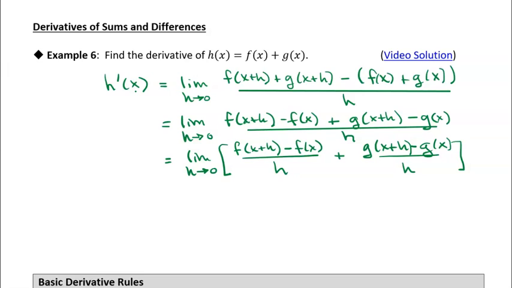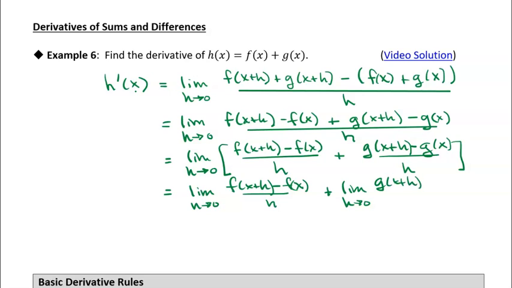Now, if you remember your limit laws, we can just do the limit as h goes to 0 of f of x plus h minus f of x all over h, plus the limit as h goes to 0 of g of x plus h minus g of x all over h, right?